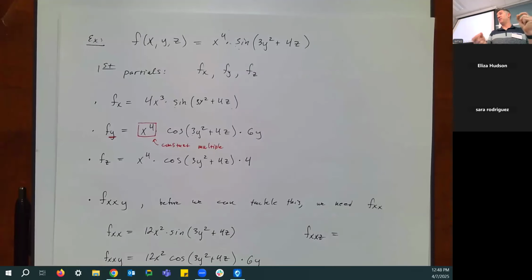It might be the same as fxxy, but it might not. There's no guarantee about anything other than the mixed partials being equal to each other. If you mix the order up and do more than 2 things, I don't really know what happens, to be perfectly honest. It might work. I don't actually know if it works or not, but we're better off doing it the way we've been asked to do it. So even though it might end up being the same as if you did fxyx, I would not.